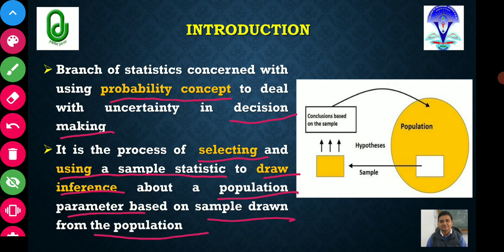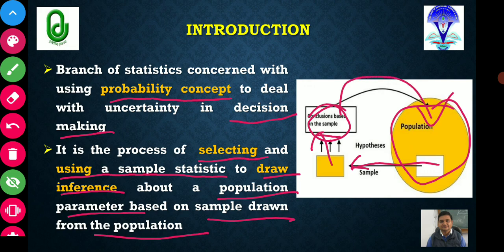Suppose this is the population; we take a sample from that population, then we select certain sample statistics and study this sample with the help of those statistics, and then we make certain conclusions regarding the population parameters by studying the sample, so that we can make certain decisions, assumptions or interpretations about the population.